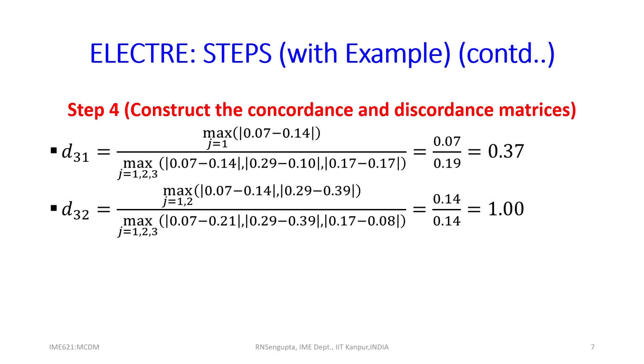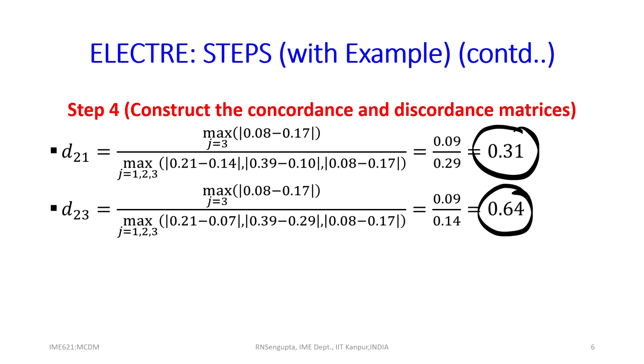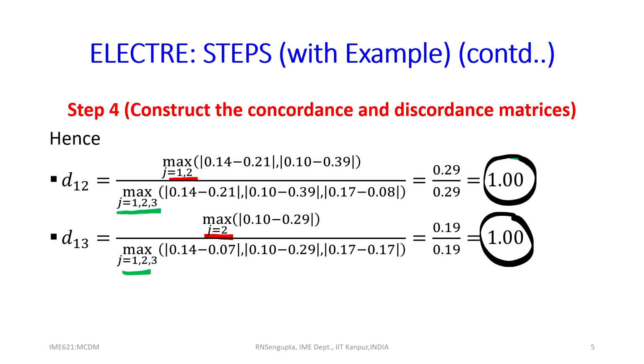So, as I was saying, when I compare D31, which is 0.37, I am just circling it, with the value of D13, which is 1, it means that if I have chosen 1, my lower total amount of discomfort is the maximum level of 1.